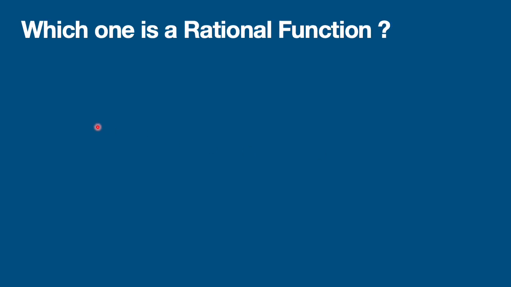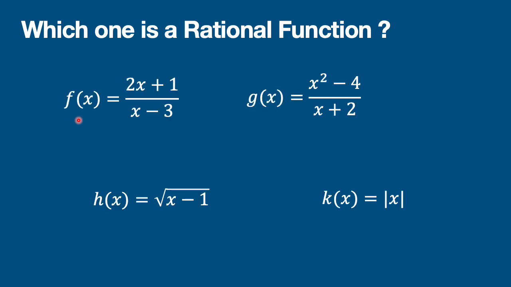So let's do the first example. Identify the rational function. I give 4 different forms of functions. Which one is a rational function? F of x equals (2x plus 1) over (x minus 3). That's a rational function because it's a degree 1 polynomial over a degree 1 polynomial.